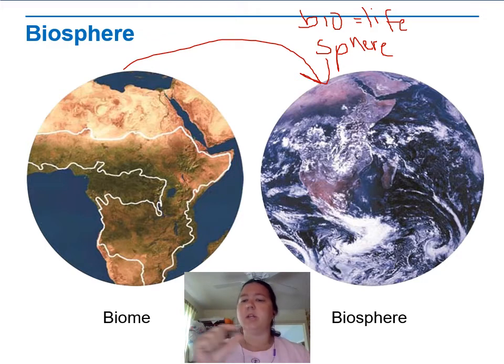And it even includes some of the atmosphere, so where the air is, where birds can fly and stuff like that, and then into some of the dirt where organisms burrow, and bugs, okay, all of that stuff. All right.